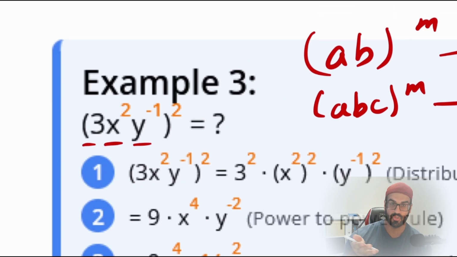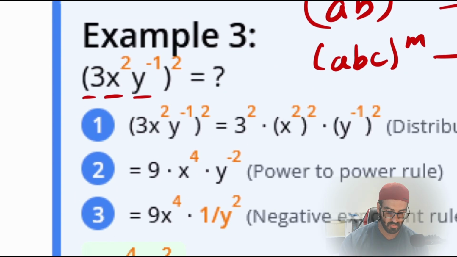3, x to the power 2, y to the power negative 1, everything to the power of 2. Remember, PEMDAS. I do have the parentheses, I have to honor that, keep all of those values, and after that, you look at the power of 2. 3 to the power of 2, which is 9. X to the power 2, to the power 2, we know it is going to be 2 multiplied by 2, so x to the power 4.